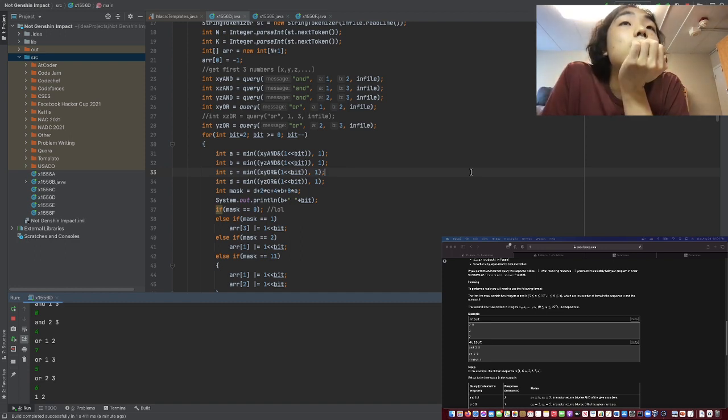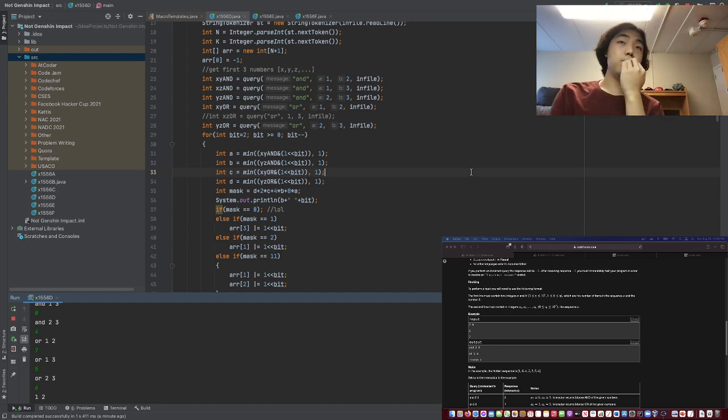Min xy or. What the fuck? Why do we have 4 different values? Oh yeah, it is 4 different values. Because we know that the bitwise and, 4 plus 2 plus 1, right?